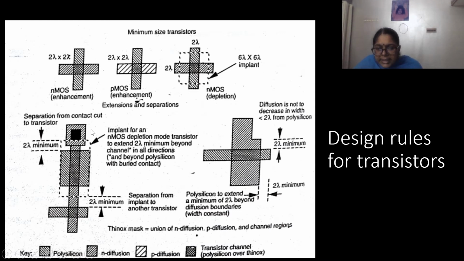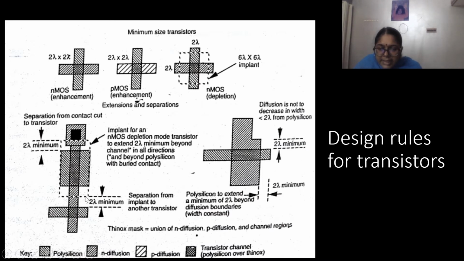Now in this particular diagram you can see that when a contact has been made, all the distances, spacings or the widths, whatever we are talking about, are minimum values. So the spacing between the contact cut and the polysilicon is 2 lambda.